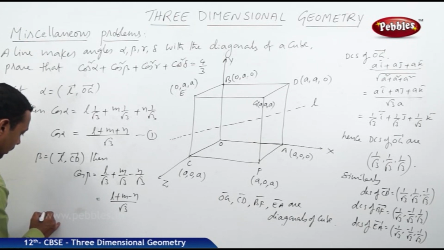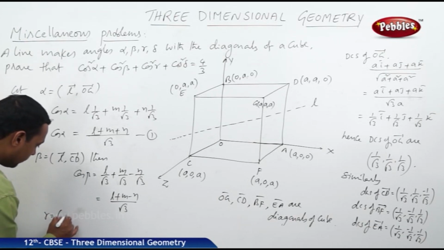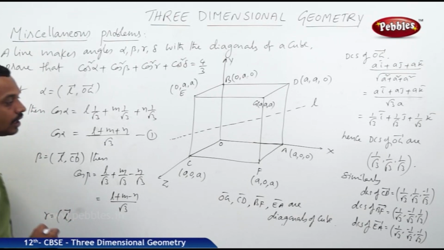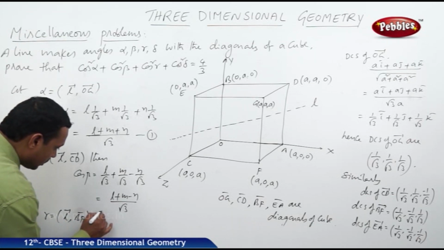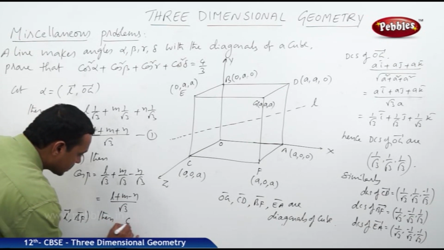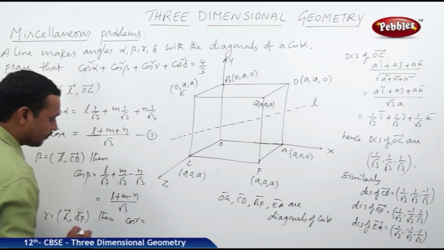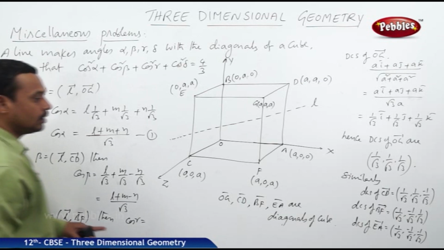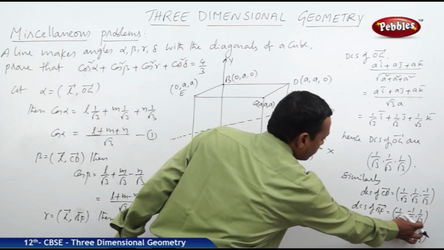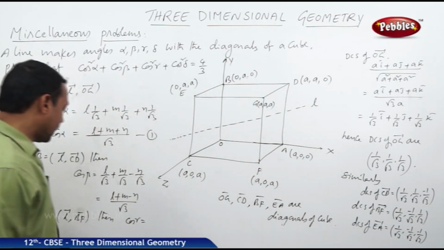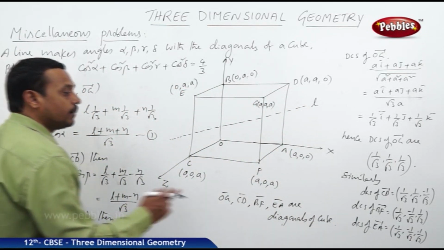And gamma is the angle between the vector L and the BF vector. Then cos gamma is equal to, here the direction cosines of the BF vector are 1 by root 3, minus 1 by root 3, 1 by root 3, and direction cosines of L are l, m, n.